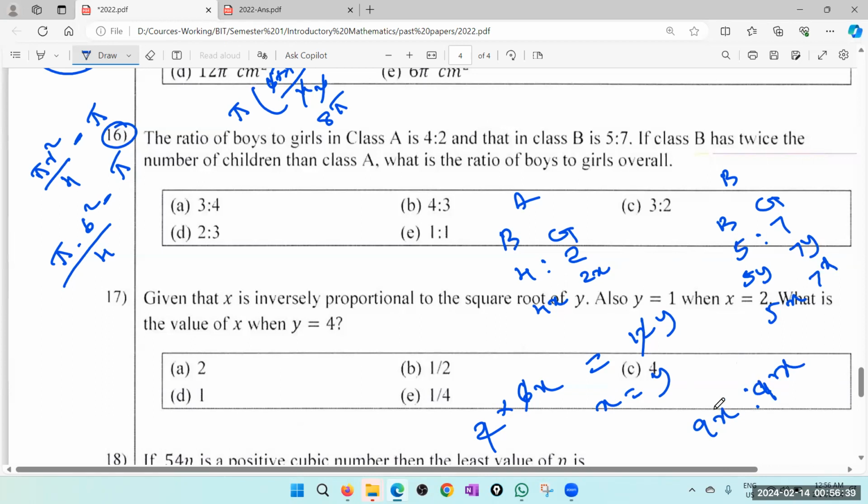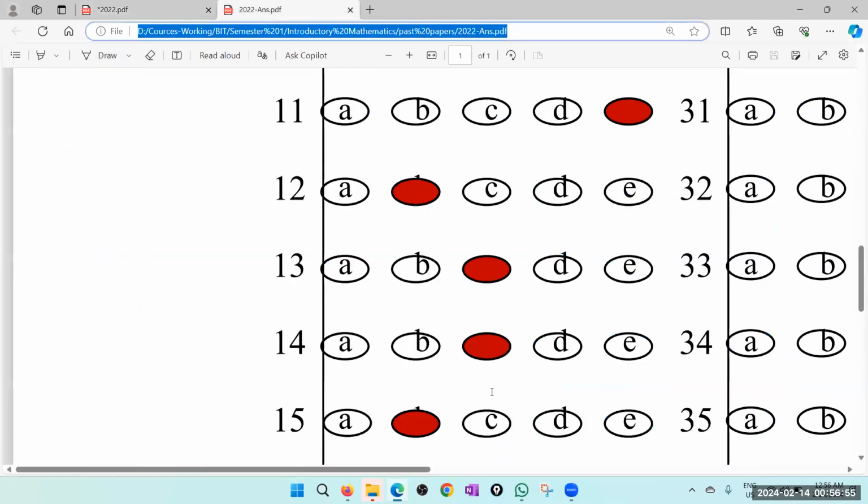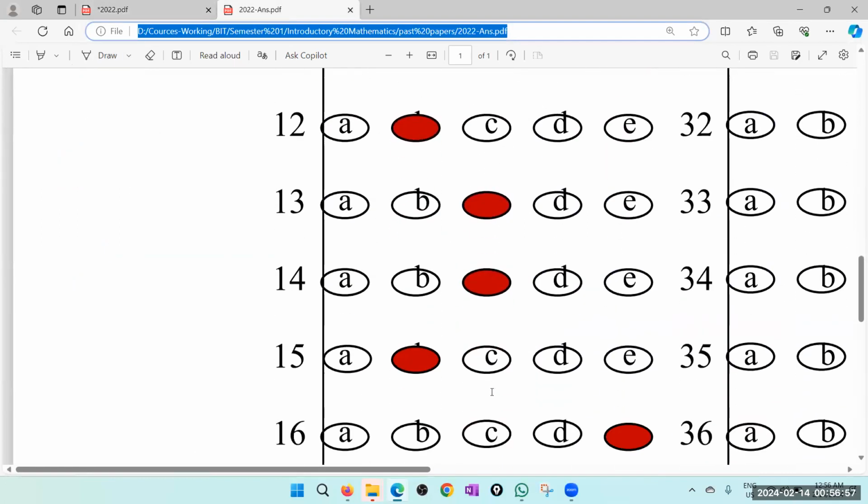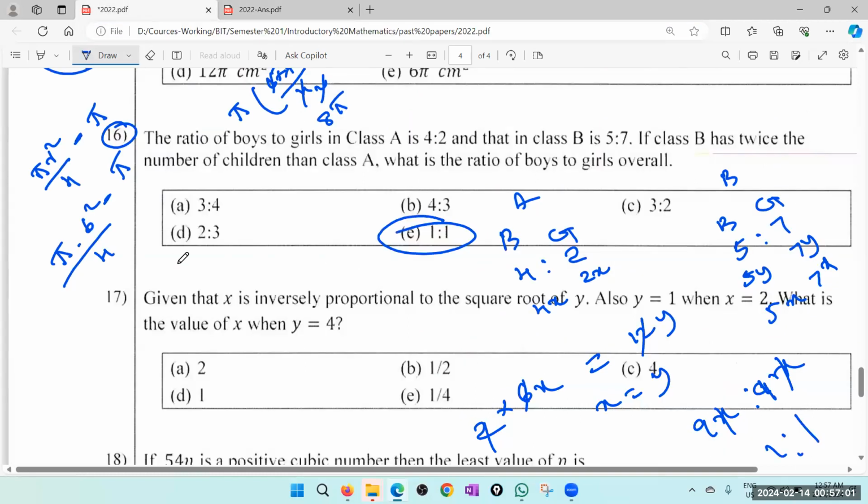So that means x to x get cancelled. 9 to 9 means basically, if you consider both classes, it is 1 to 1. So the answer must be E. Yes, answer is E.